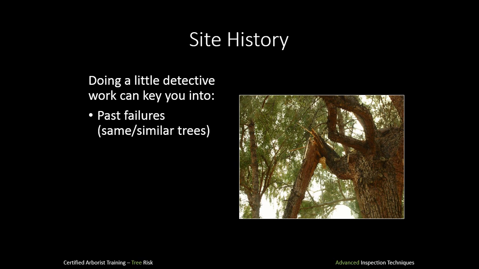So site history, if you do a little detective work, you can look at past failures. Often, if trees failed before, they'll prune it, and you'll just see the pruning stub. You may not know why the limb was pruned, but it may be some lingering issues that keep occurring. The city of Tampa, I think they have like a three strikes and you're out policy for their trees.